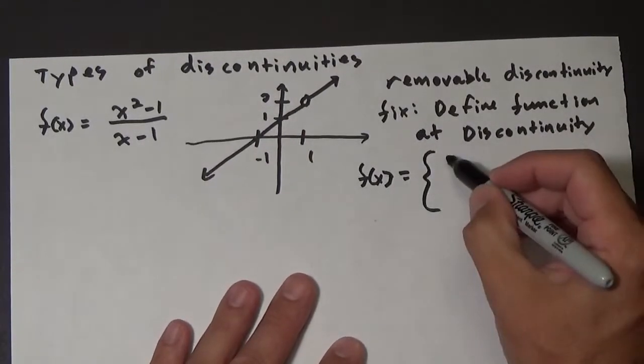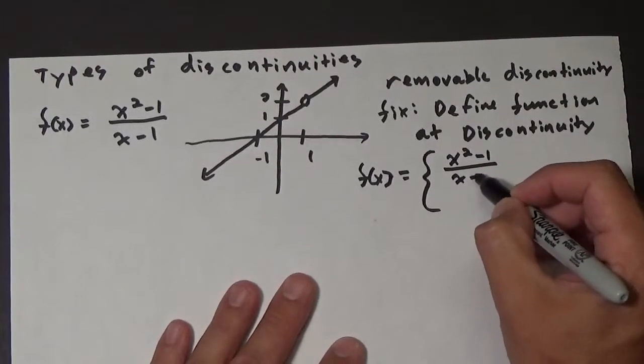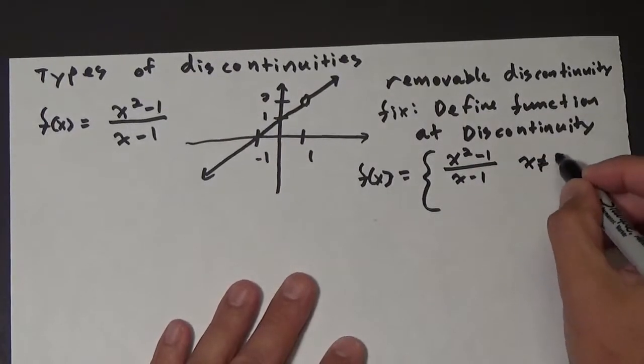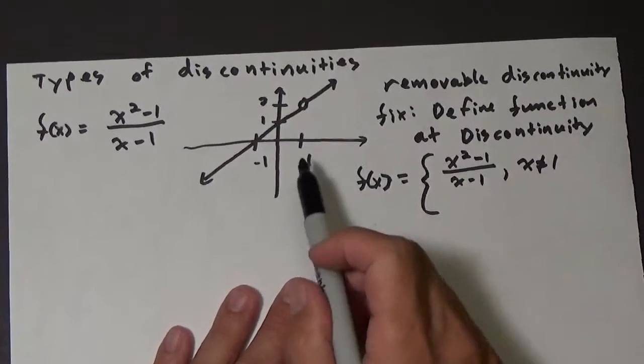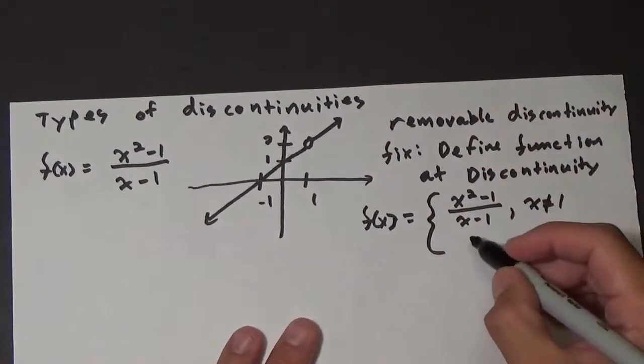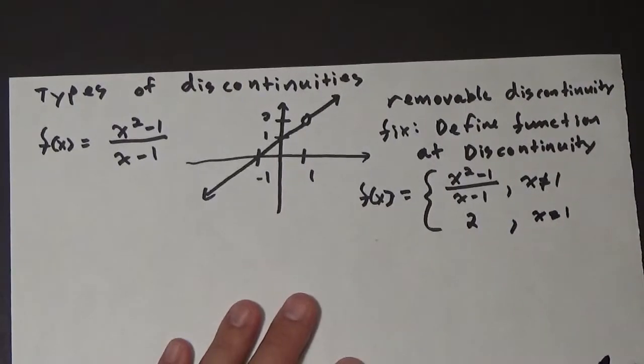And so we still have x squared minus 1 all over x minus 1 when x does not equal 1. And then we just have to figure out, well, what does this equal when we are at 1? And it's 2. So we'll say it equals 2 at x equals 1. And there we go.